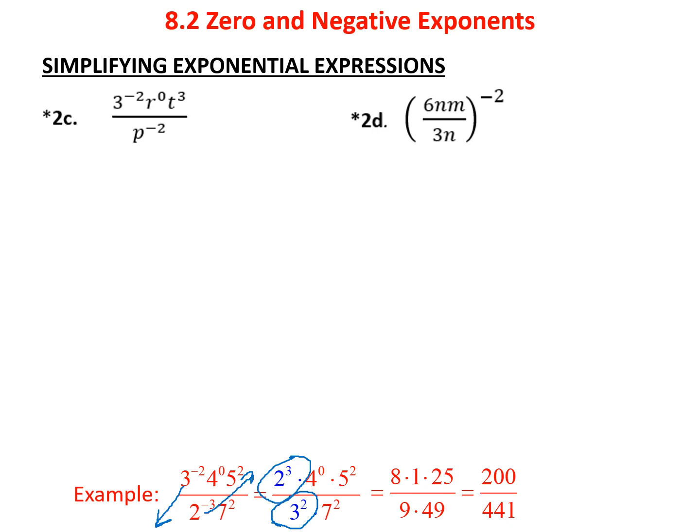So up here, as I'm looking here, I have a 3 to the minus 2 that's going to come down, and I have a p to the minus 2 that's going to go up. All right.